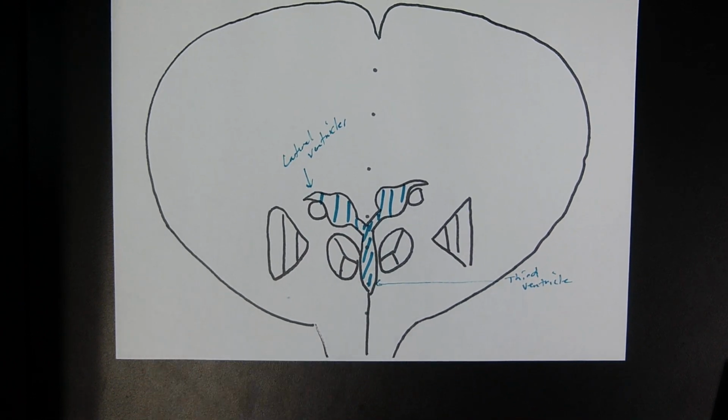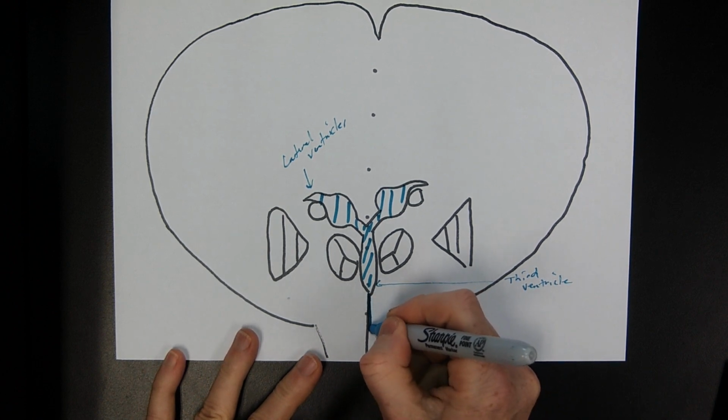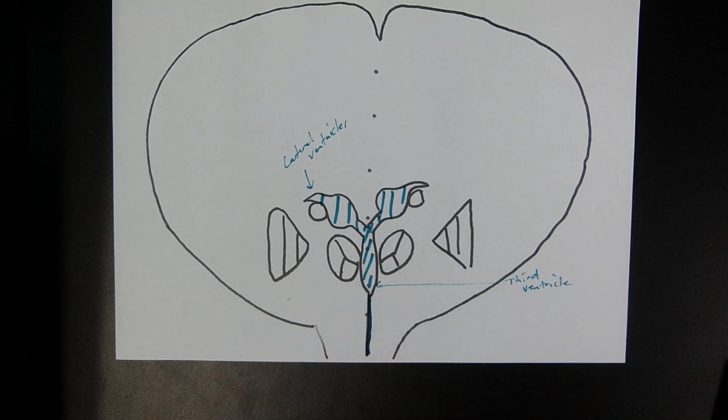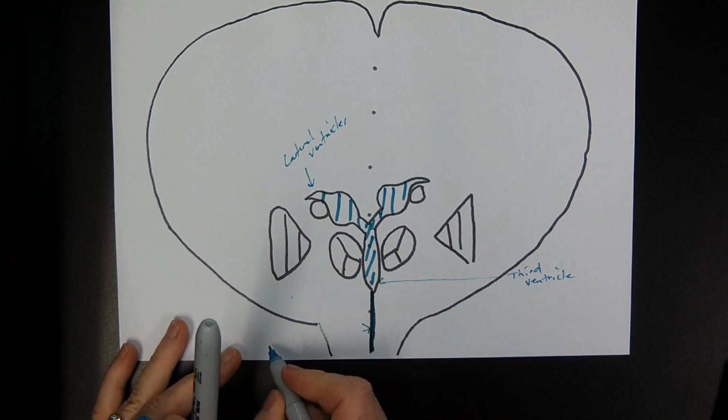Lateral ventricles. And then connecting the third ventricle with the fourth ventricle, there's this nice little cerebral aqueduct coming through the midbrain.